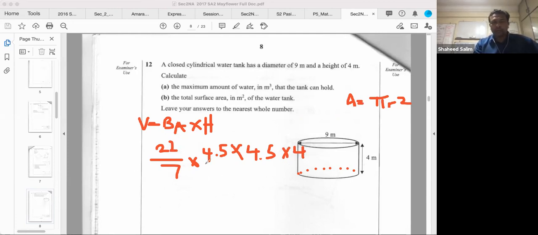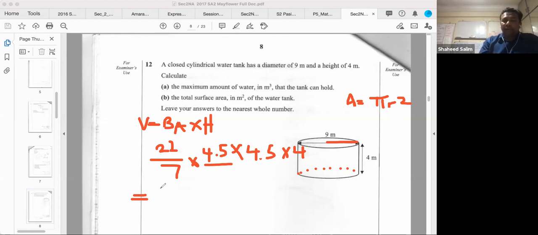Pi? No. So down here, this whole thing is 9. You want the radius, from here to here. 4.5 times 4.5. Yes, you did. Times 4. So if you do it like that, let's see. 22 times 4.5 times 4.5 times 4.